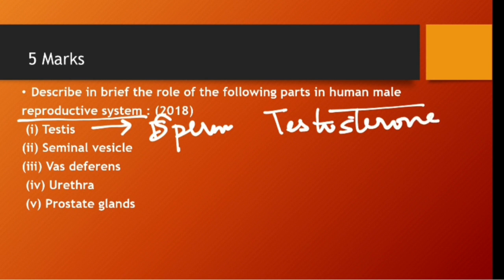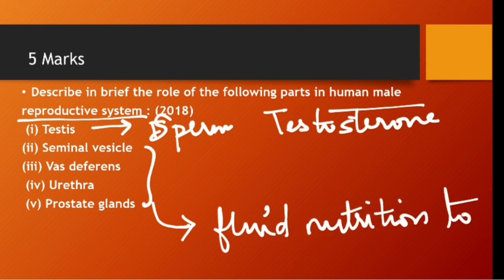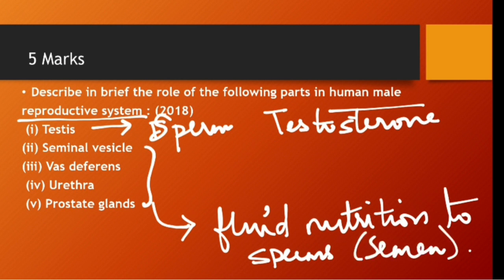The seminal vesicle and prostate gland together produce a fluid which provides nutrition to the sperms, and we call it semen. This also I've explained in my video. You can just go and watch it there.